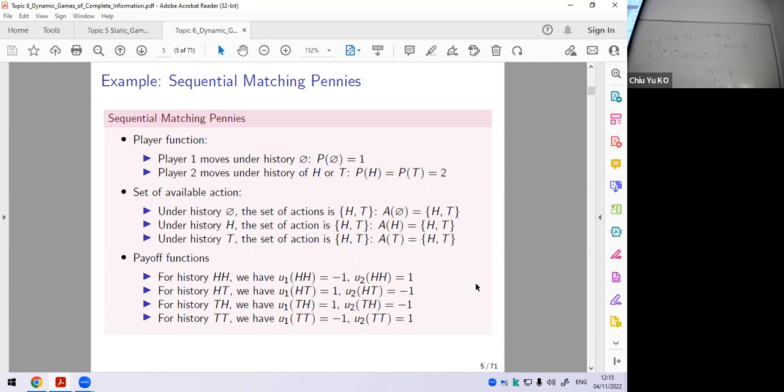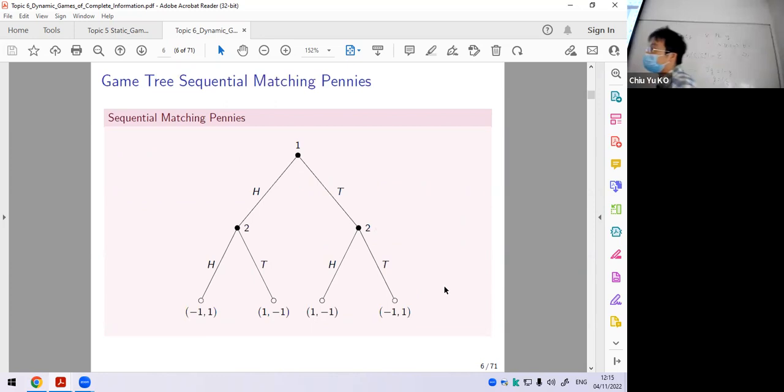But you never use this one. What you usually do is this one, which is what you usually see, and it is a complete description of what we have. In the graph, these are the payoffs. The solid dots are non-terminal nodes. These are terminal nodes.